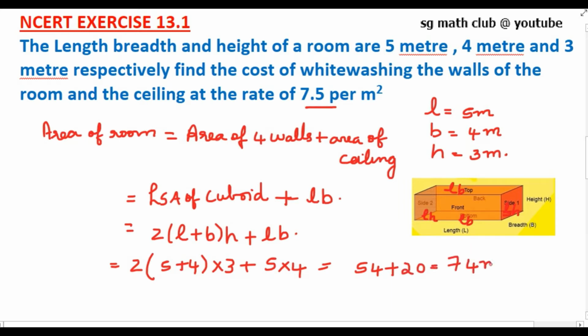74 meter square. Again we need to find the cost of whitewashing this much area. Cost of whitewashing 1 meter square, the rate is 7.5.